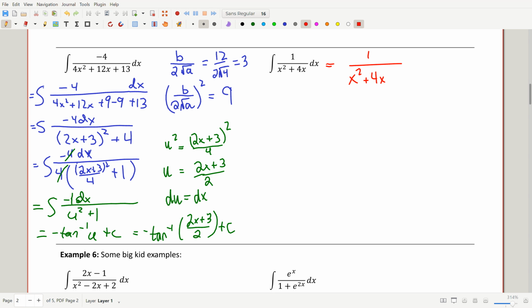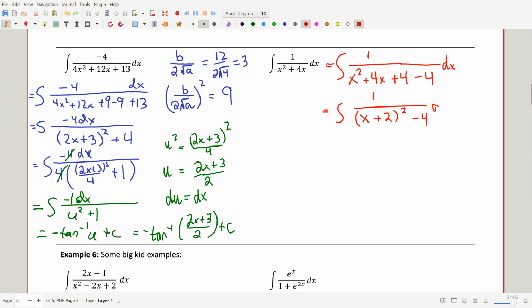Half of 4 is 2. 2 squared is 4. So I write plus 4 minus 4. So that is the integral of 1 over (x plus 2) squared. So that thing that you square is what your number is inside of your factoring.